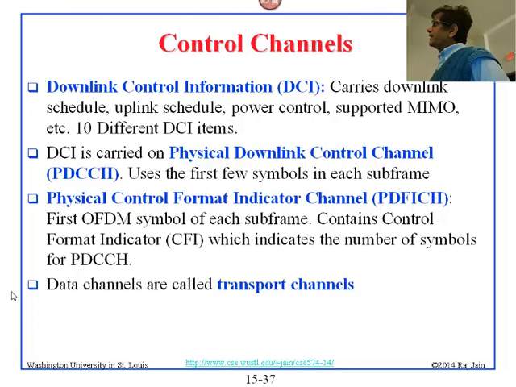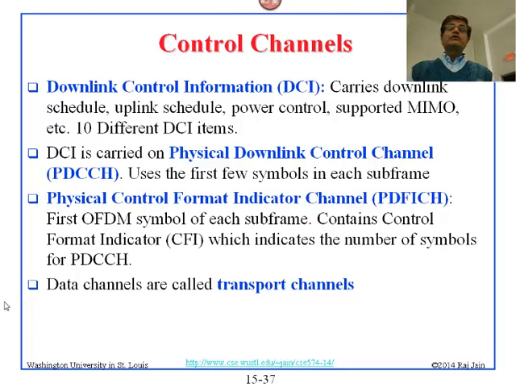Then comes PDFICH. Now, I don't think I can remember any of these acronyms, but the key idea is that there are control channels, and the first control channel is the downlink control, and then there is a format. I mean, actually, there isn't just a downlink because this format has both uplink and downlink. So once we figure it out, then we can figure out the rest of the downlink.